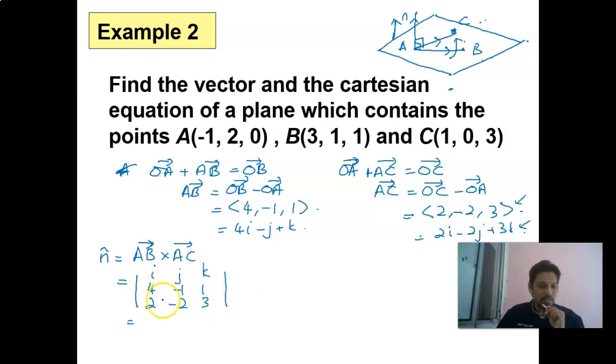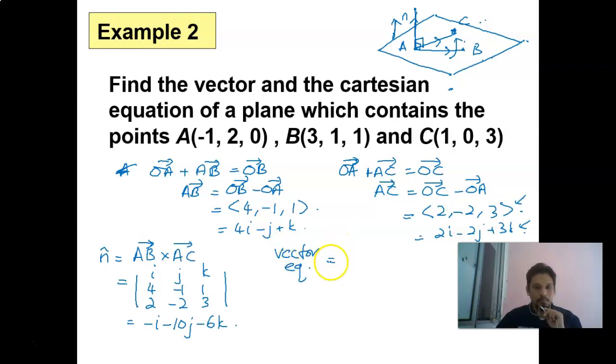The process is going to be 4, negative 1, 1, 2, negative 2, 3, and we get negative i minus 10j minus 6k. So this normal n equal to negative 1, negative 10, negative 6.